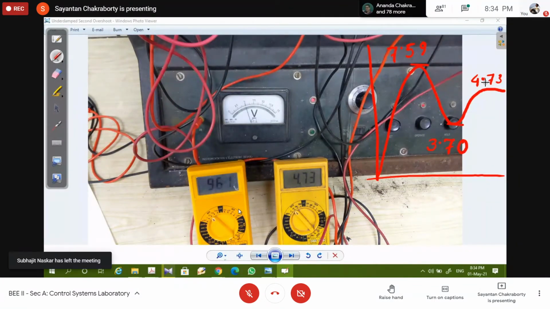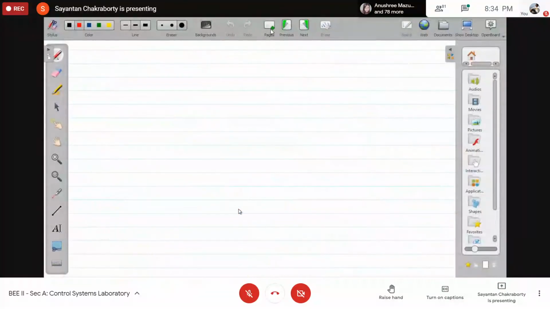So as a task, I'll provide you with some data that is not related to this particular simulation, but you have to find out the corresponding zeta and omega n values. So just note down this.